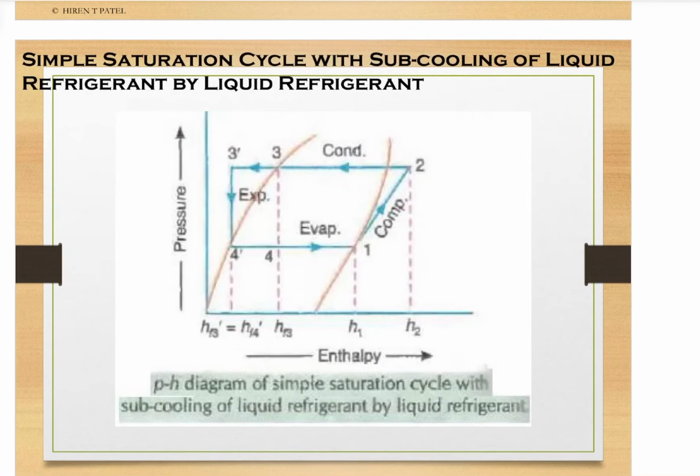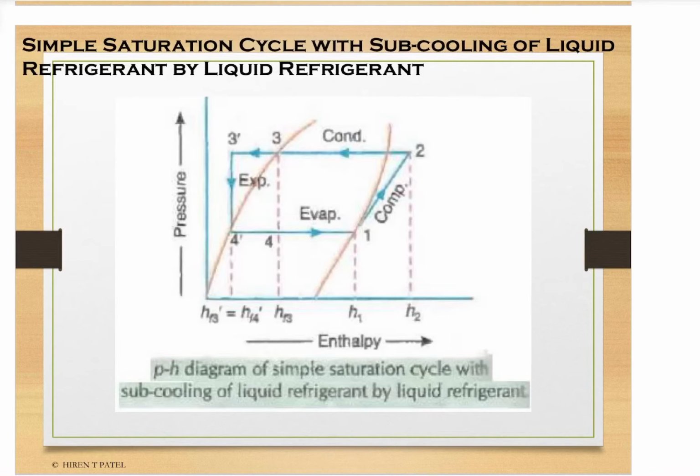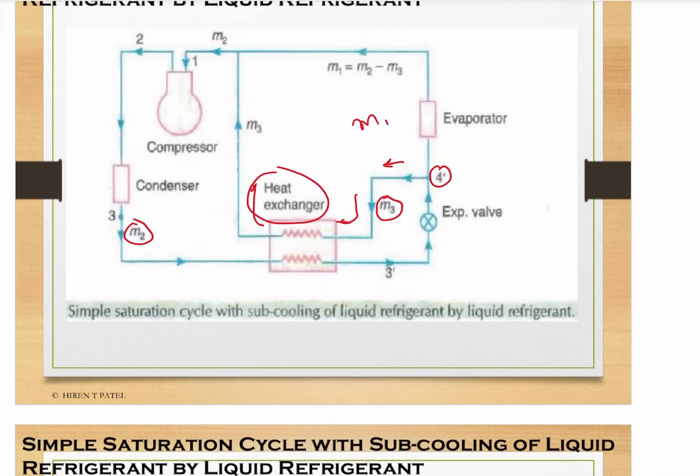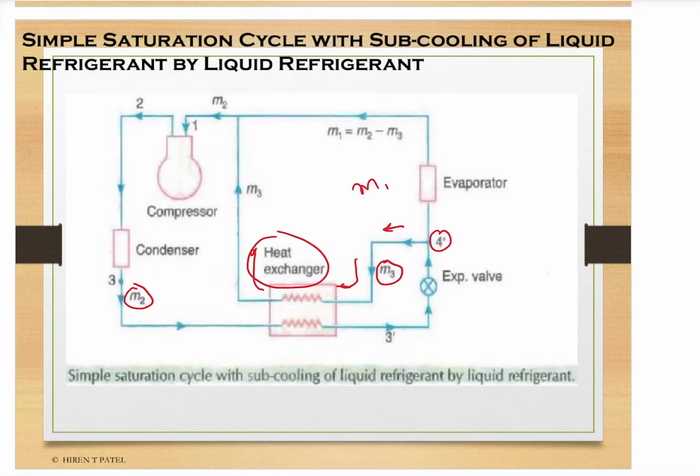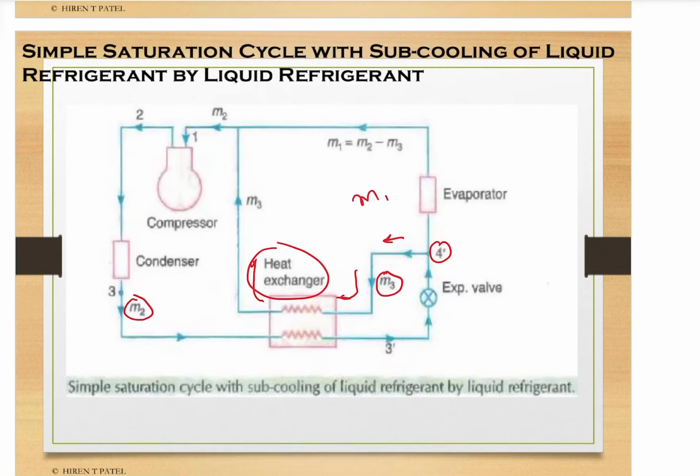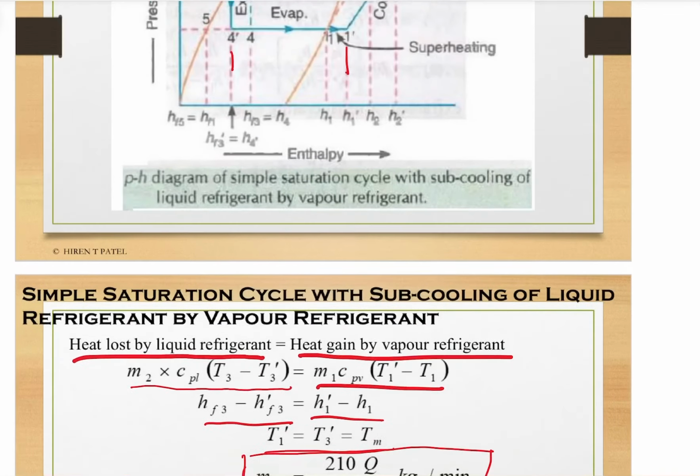So, here we can see that in the pH chart the 4 dash point is on the saturated liquid. So, the refrigerant leaving through the expansion valve is saturated liquid, no vapor contained inside that liquid refrigerant.